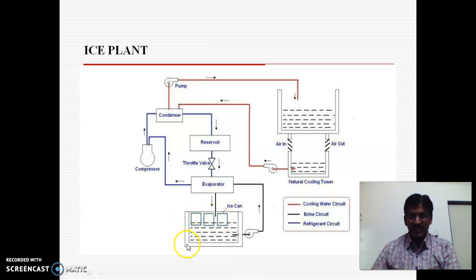Here you can see that in a tank we use the secondary refrigerant, and inside the secondary refrigerant we put the ice cans. By removing the heat from this secondary refrigerant with the help of the primary circuit, that is your refrigeration circuit, we reduce the temperature of the secondary refrigerant, that is the brine we are using as a secondary refrigerant.